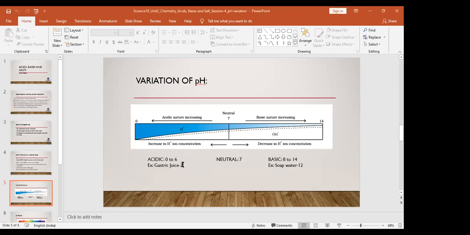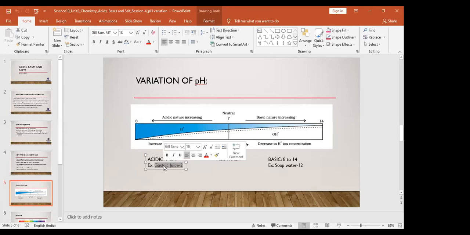So here I have shown you gastric juice is 2 in pH reading. Gastric juice is inside the human body. So how strong is gastric juice which is inside the human body? So 1, 2, 3 will be considered as strong acid.